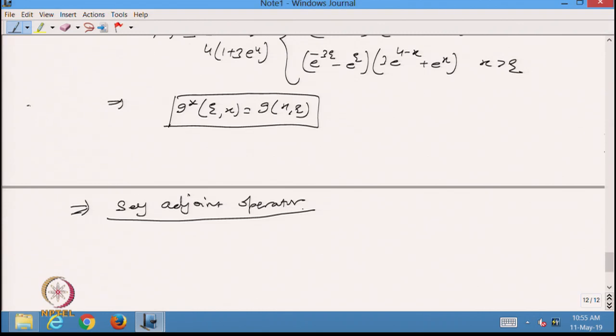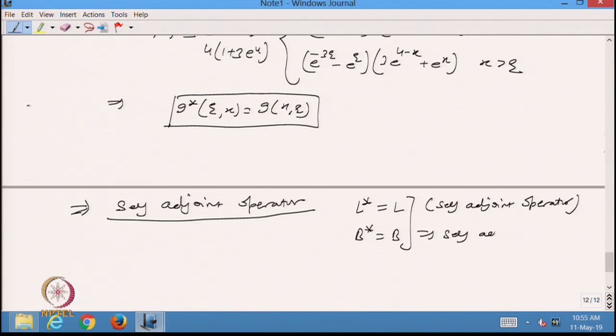So, self-adjoint operator, we know that when my L star, that is the adjoint operator, is equal to the L itself, then we call it the self-adjoint operator. And now suppose we have the boundary condition also, B star is equal to B, and then we call it a self-adjoint system.